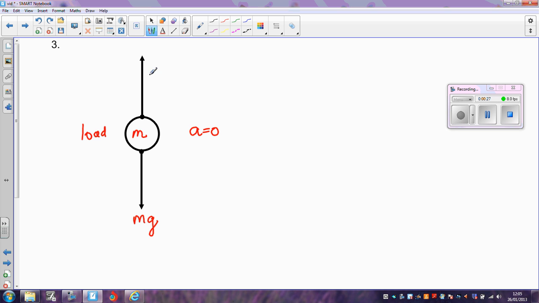Okay, the tension in the cable is 6,000 newtons. So here we have the tension, and the tension is 6,000 newtons. Now, by Newton's second law, we know that the overall force, so the resultant force, is equal to mass times acceleration.